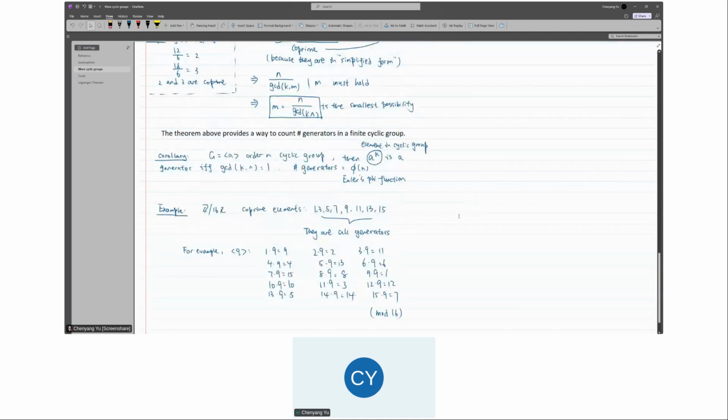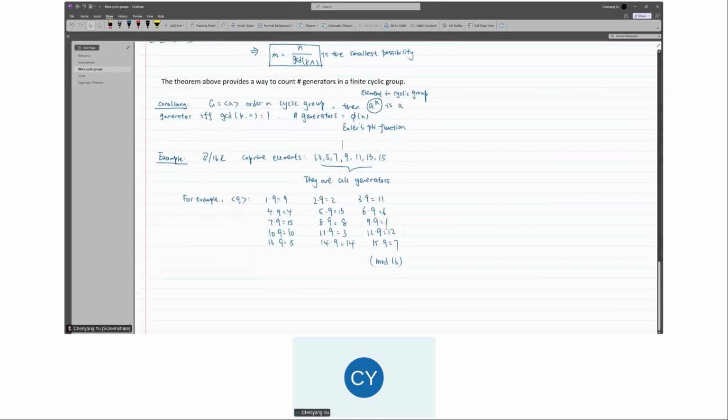In the end, we take an example, Z/16Z. The coprime elements are 1, 3, 5, 7, 9, 11, 13, 15. They are all generators. You should check them one by one, but for simplicity, let's just take 9.